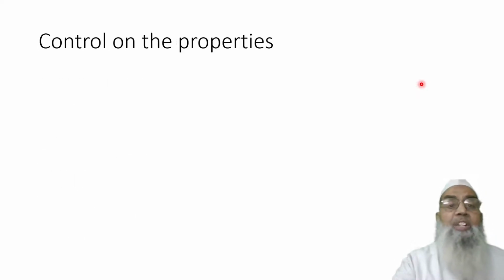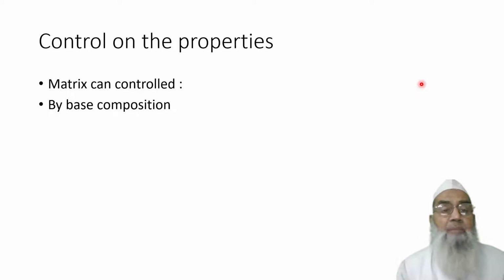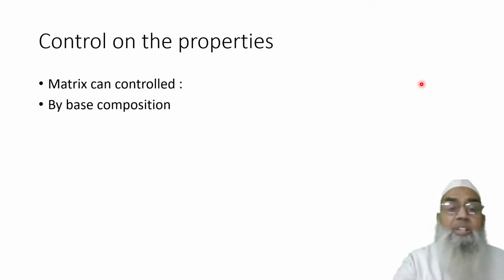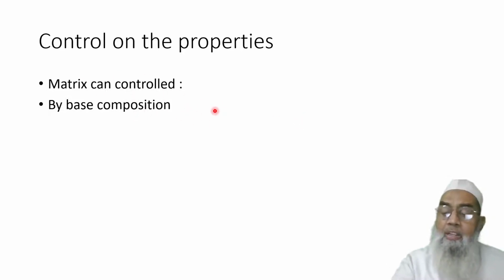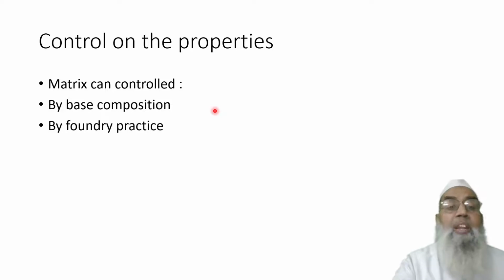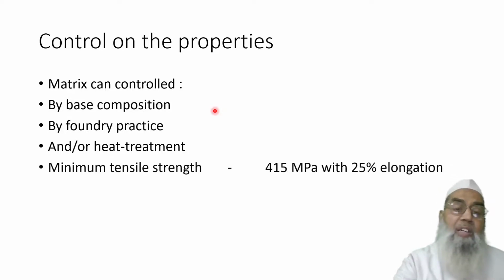The properties can be controlled by the base composition of the matrix, by alloying and foundry practice, and also by heat treatment, which is not possible in grey cast iron.